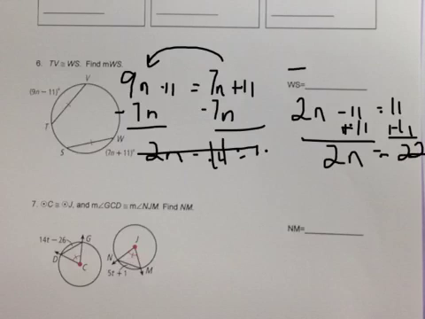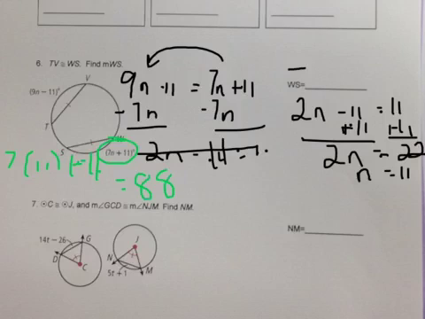And if you divide both sides by 2, you get n is 11. Now that's not the length though. Remember, that's just what n is. WS is 7n plus 11. So let me write in a different color so you can see where I'm going with this. 7 times 11 plus 11. Well, 7 times 11 is 77, plus another 11 is 88. The actual length of the segment is 88.